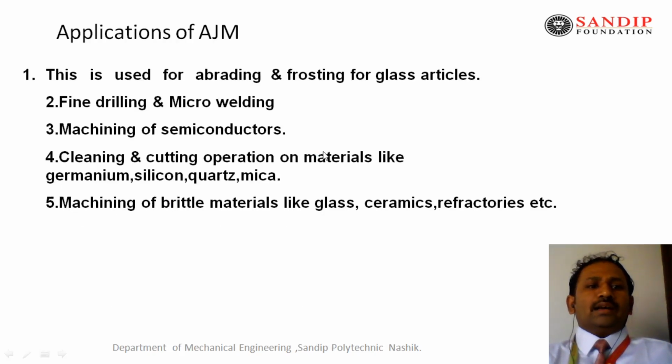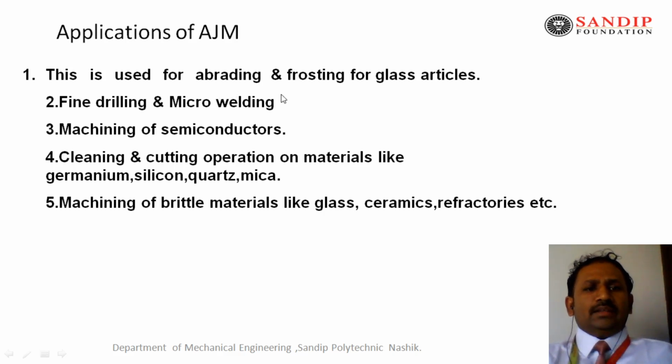Then last, applications of abrasive jet machining processes. A few examples are there. You have to write any two examples of abrasive jet machining. First, it is used for abrading or frosting of glass articles.